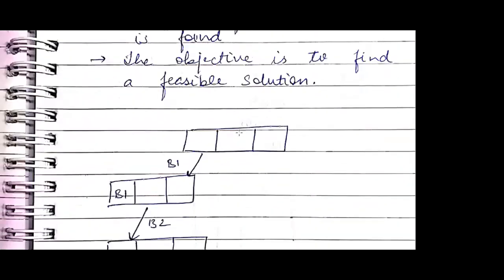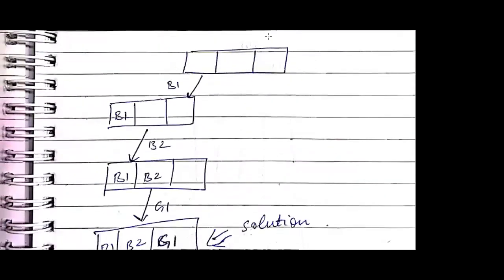So what do we have to do? In the first slot, we place either boy B1 or B2. Suppose we place boy B1. Then in the next slot, we don't have the choice to place the girl because it is given that the girl never sits between the 2 guys. So in the next slot, we have to place the next boy, that is boy B2. And in the third slot, we place the girl, denoted by G1. So this is the solution.